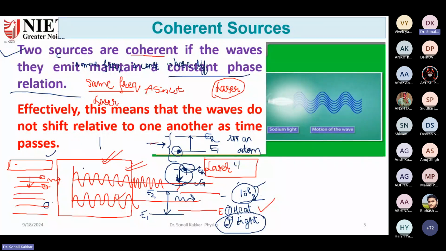So yesterday we discussed that light has both wave nature as well as particle nature. Right? So when we consider light in the form of particles, we consider it in the form of photons. Photon is the particle for light.